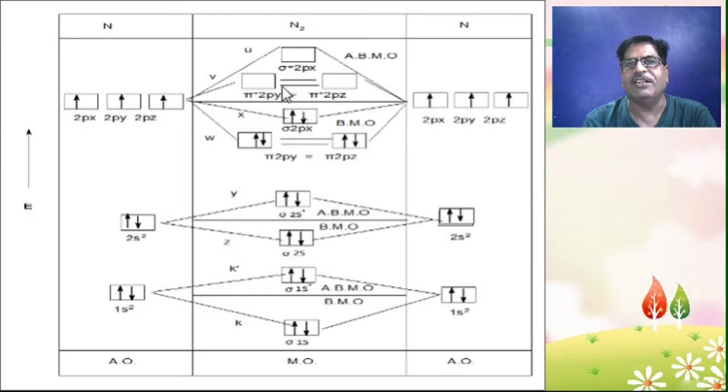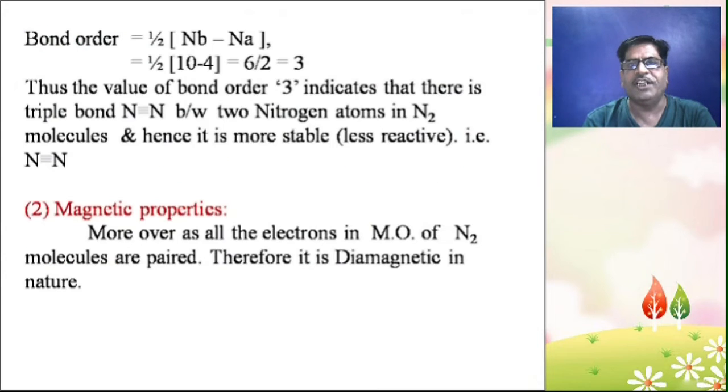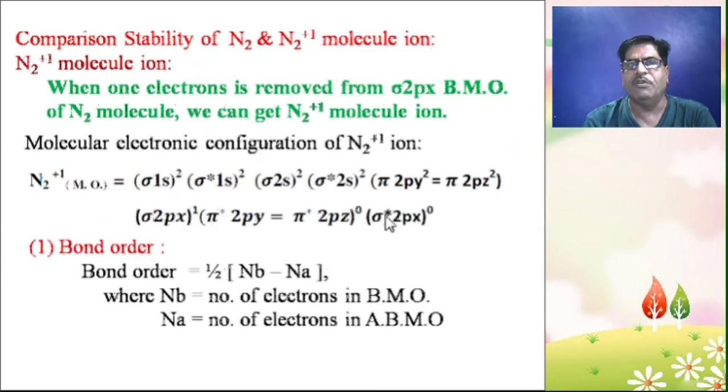If an electron is added, it goes into pi star 2py, but when an electron is removed, it is removed first from sigma 2px, which is of higher energy. So when one electron is removed from sigma 2px, we get the N2 plus 1 molecule ion. So what is the electronic configuration?